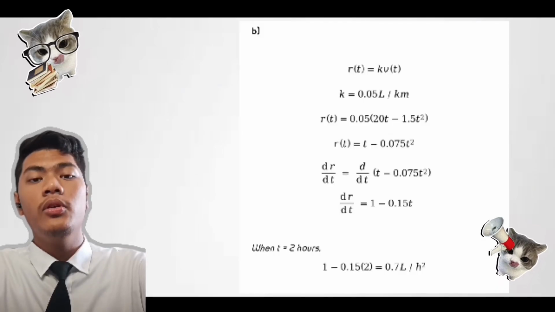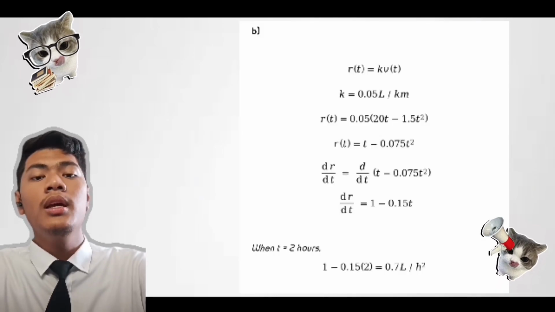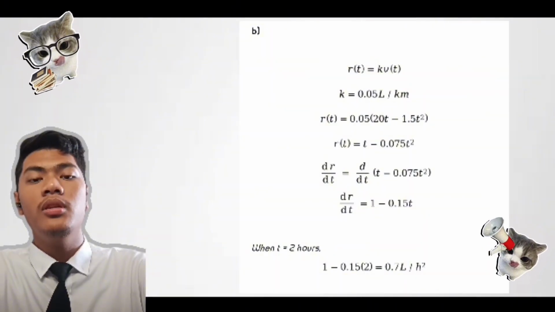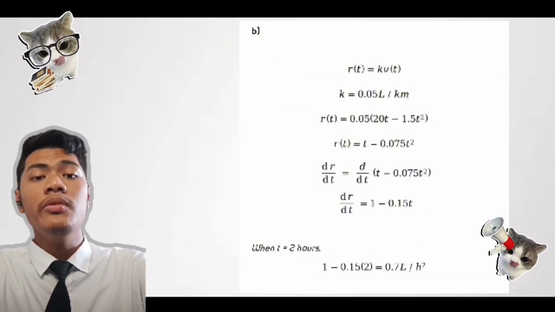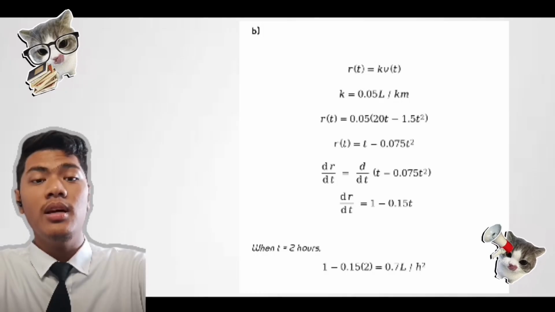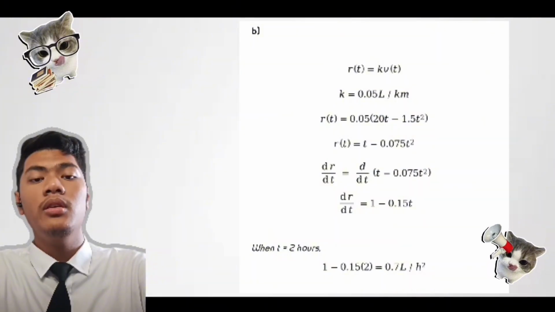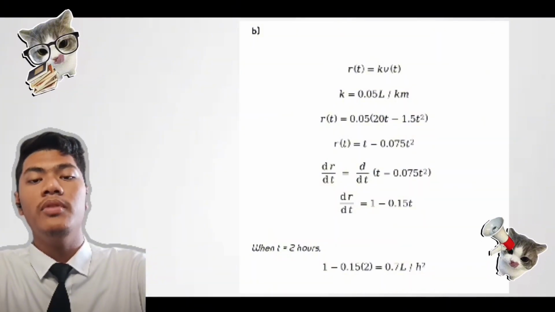For part B, we are required to find the rate of change of fuel consumption used for the 2 hours. It is given that the fuel consumption rate R(t) is proportional to the velocity of the car. So the relationship can be written as R(t) equals k V(t), where k equals 0.05 liters per kilometer. Next, the velocity of the car is given by the formula V(t) equals 20t minus 1.5t squared.